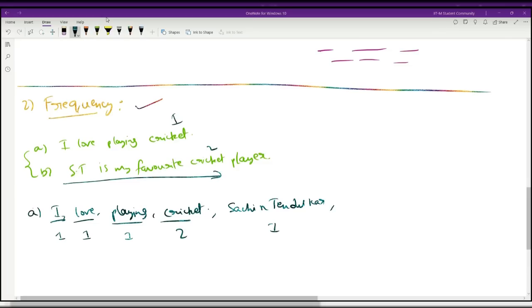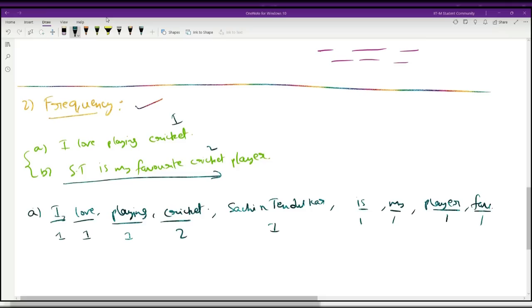Okay, fine. Is repeats one time. My one. Player one. And favorite also for a single time.